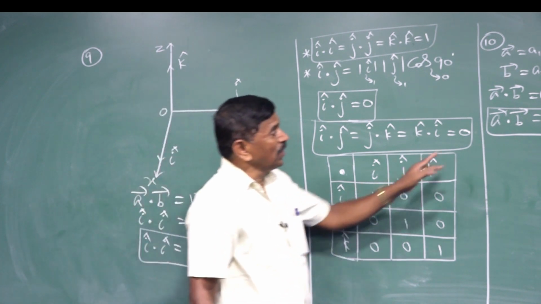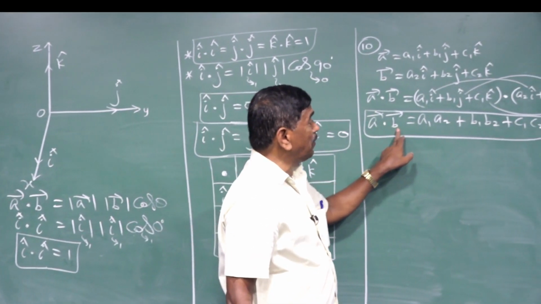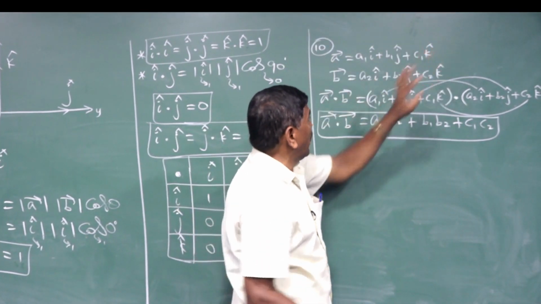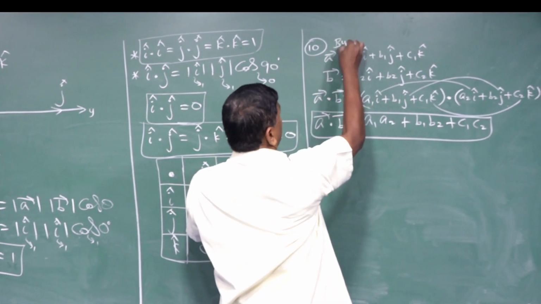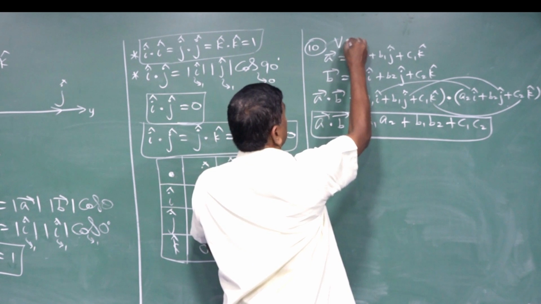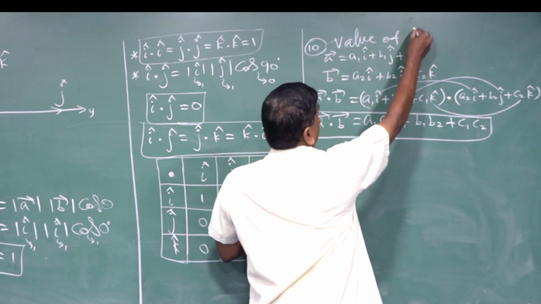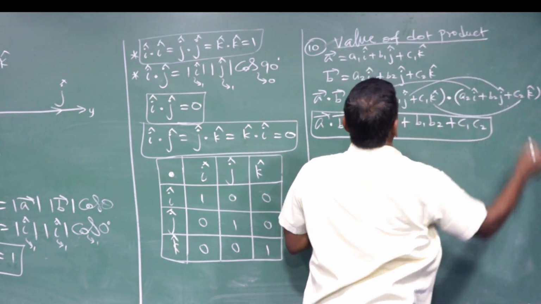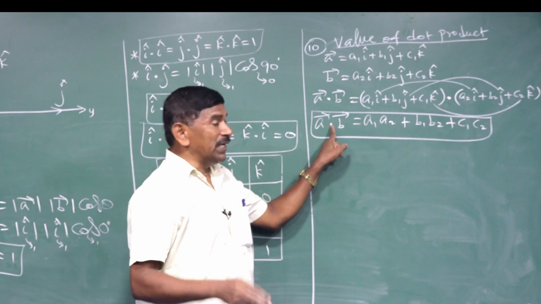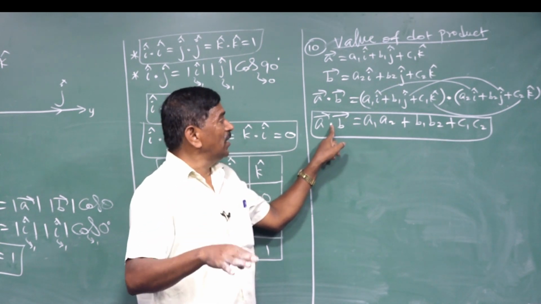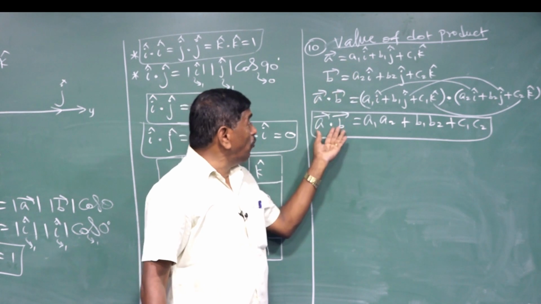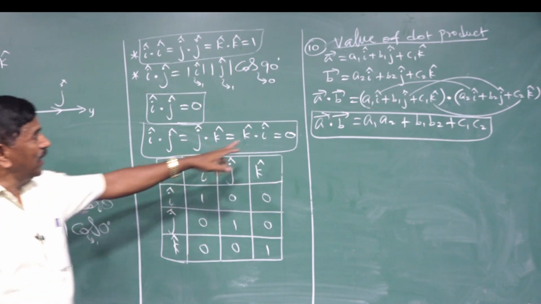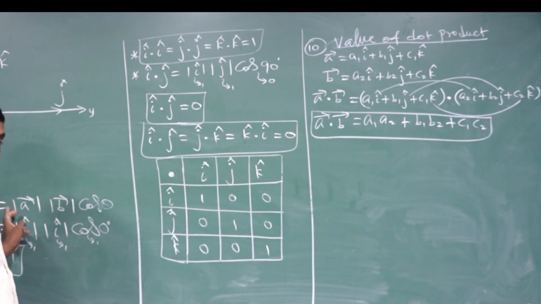But now the same A vector dot B vector is given by the value of dot product. So dot product is expressed in two ways, that is the value of dot product and the definition of dot product.